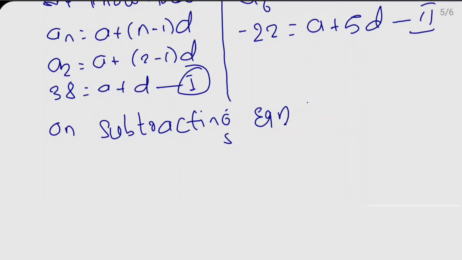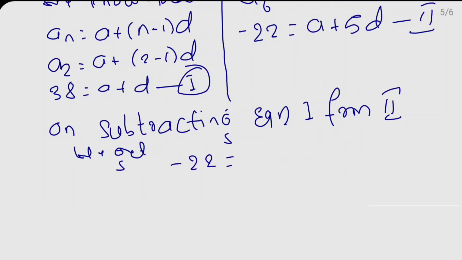So now here on subtracting equation 1 from 2, we get, so what is equation 2 here? -22. So this equals a plus 5d. And what is equation 1? 38. So this equals a plus d.